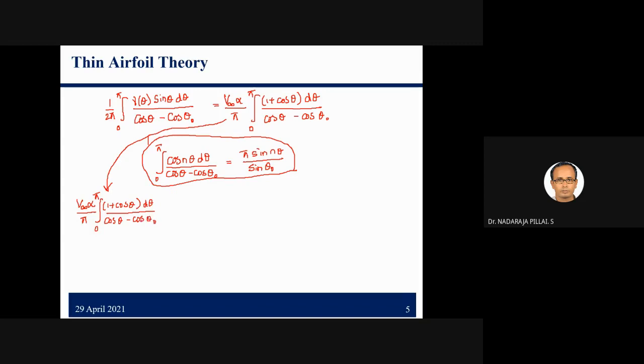I will take this as V infinity alpha by pi times the first integral, 0 to pi d theta by cos theta minus cos theta naught, plus the integral 0 to pi cos theta d theta by cos theta minus cos theta naught.